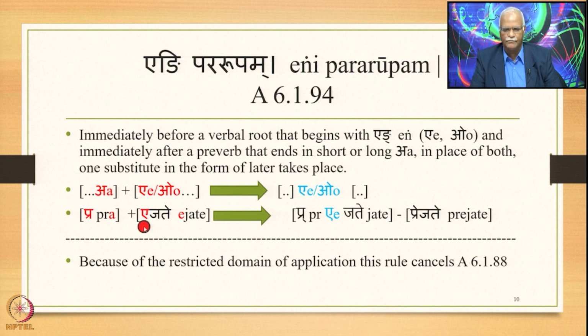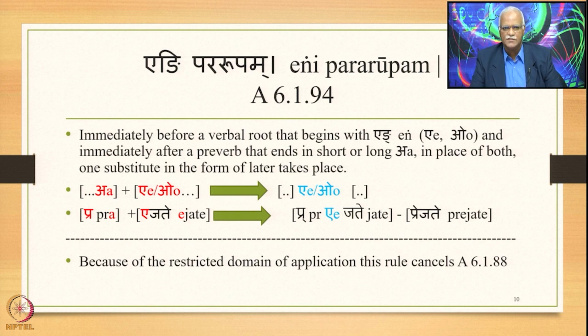Only then this rule will apply, and in this case 6.188 does not apply. So the scope of application of 6.194 is upasarga plus dhatu. Upasarga should end in A and dhatu should begin with A, and then 6.194 applies. This cancels 6.188.